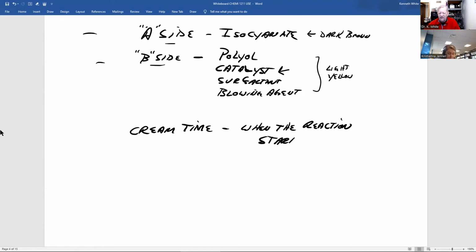And when you mix two things together, the reaction doesn't happen immediately. It matters how much catalyst. Now, why is it called the cream time? Because when you put this together in here and you start making your foam, it looks like when you pour cream into black coffee. And that's how it got its name, cream time.